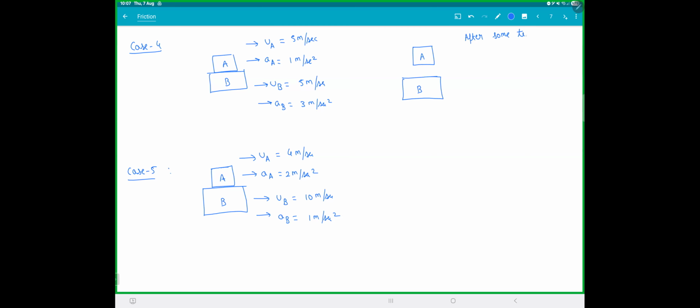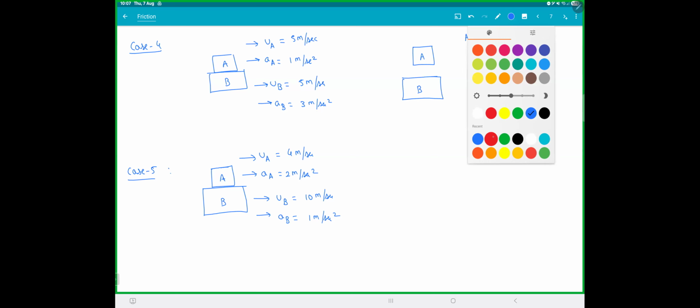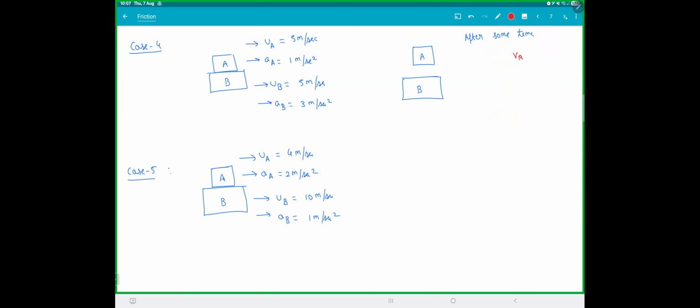So even if I give a very small time delta t, VB becomes greater than VA. So friction will act backward on B and it will start supporting A. Clear with this?